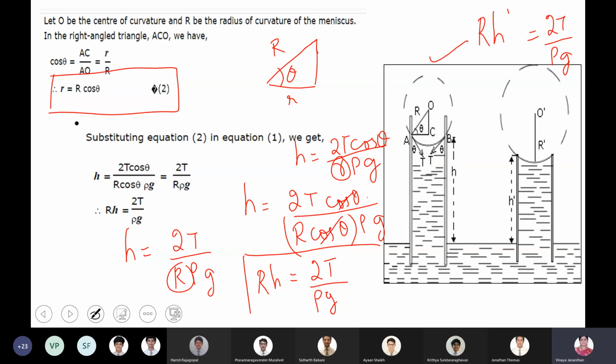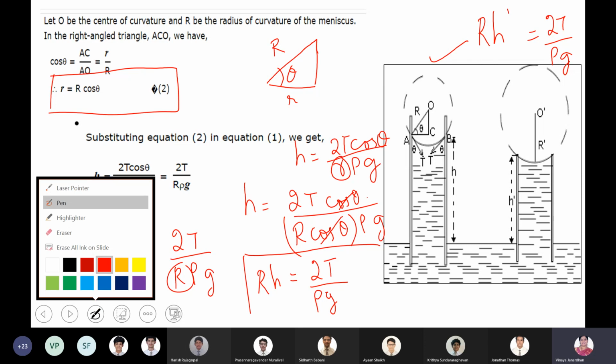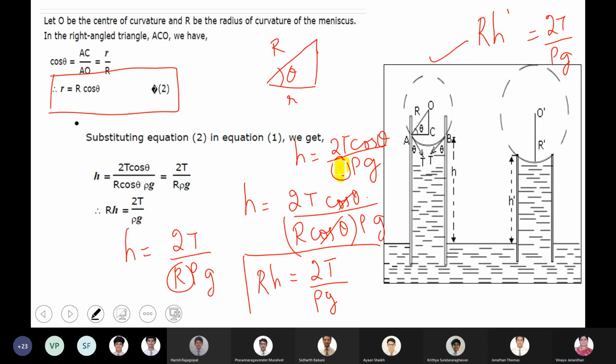You can write it similarly. We are substituting for R as R cos theta. That clear, boys?